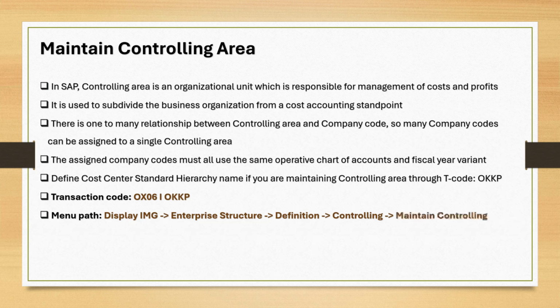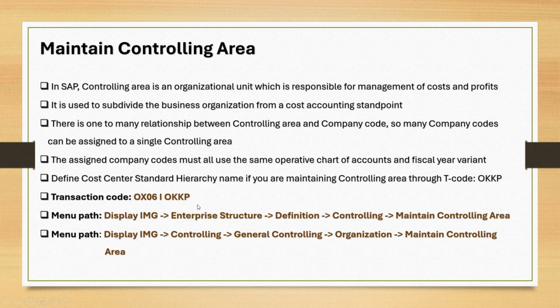My recommendation is to create the controlling area by using the transaction code OKKP because we will have more options to configure in that transaction code. Even if you create the controlling area through OX06, you still have to come back to transaction code OKKP to do the remaining configurations.